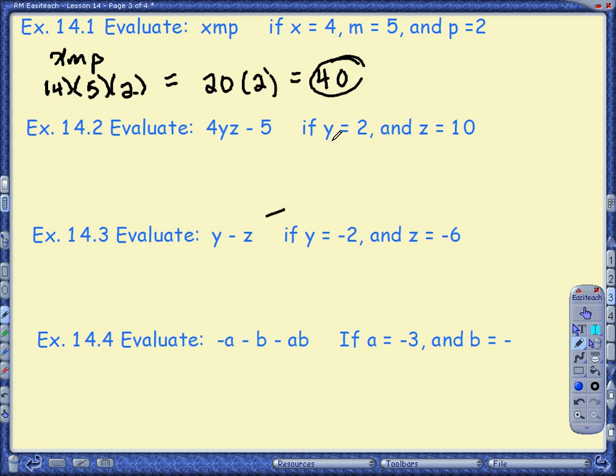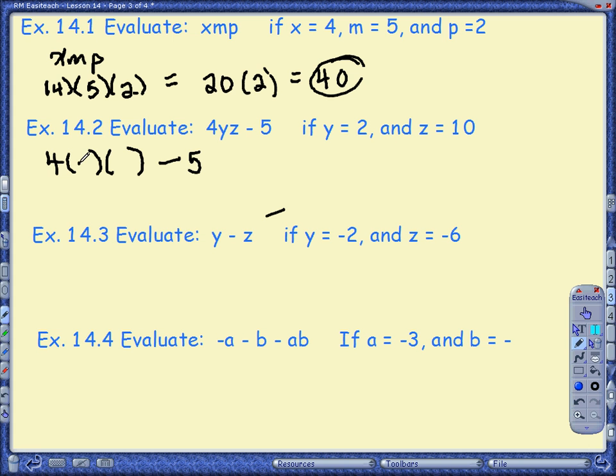Now we want to evaluate this expression, 4yz minus 5. The value given to y is 2, and the value given to z is 10. So we rewrite the expression: 4, a parenthesis for the value of y, a parenthesis for the value of z, and minus 5, which is what we call a constant. It doesn't change its value.